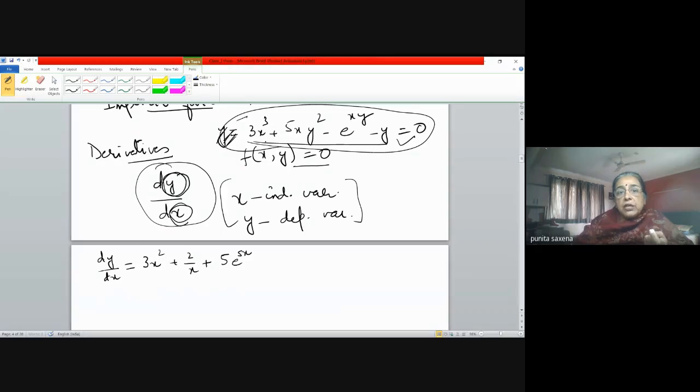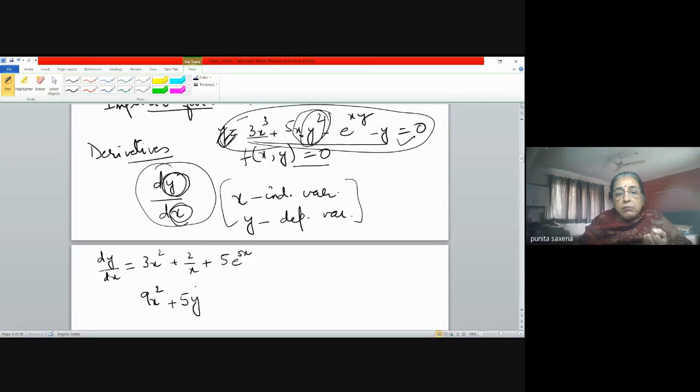We start differentiating. What is the first term? 3x cubed. The derivative will be what? 9x square. What is the second term? 5xy square. Now I can treat this as a product of two terms because they are both variables. So I will use the product rule here. When I differentiate with respect to x, I will treat y square as constant. So derivative of x is 1.